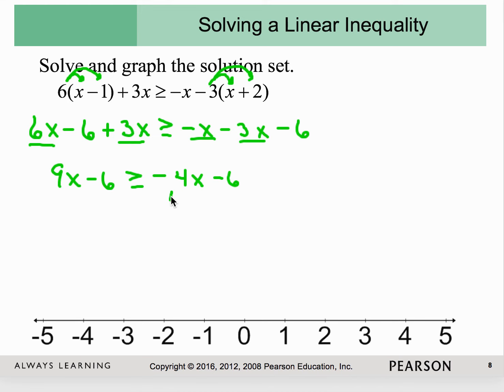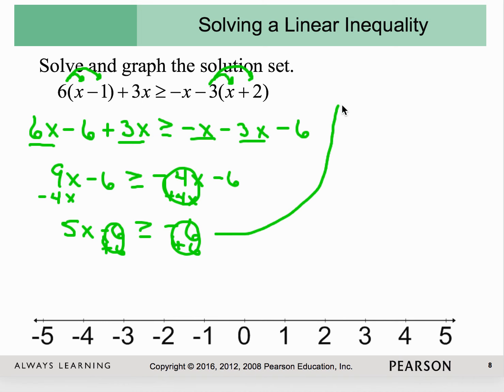Okay, put all your variables on the left-hand side. So 5x minus 6 greater than or equal to 0 minus 6. Undo anything being added or subtracted to the variable. Get a 0 on both sides here. So we have 5x greater than or equal to 0. Undo whatever's being multiplied to the variable.